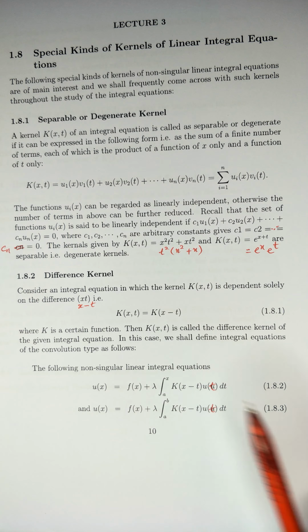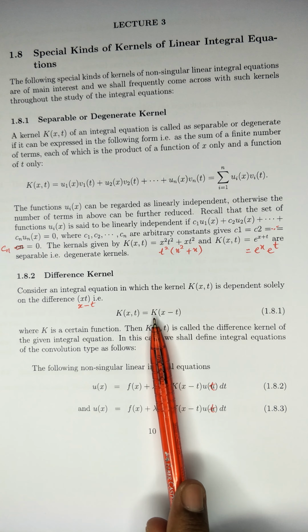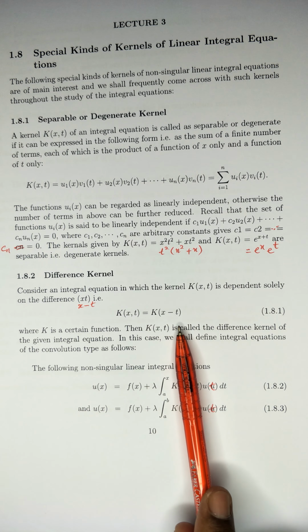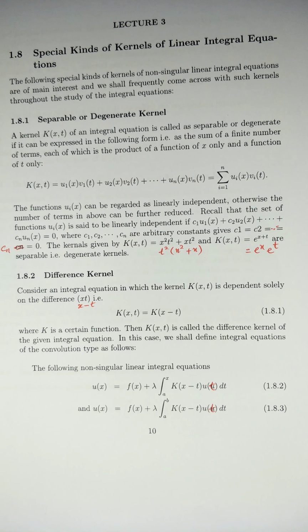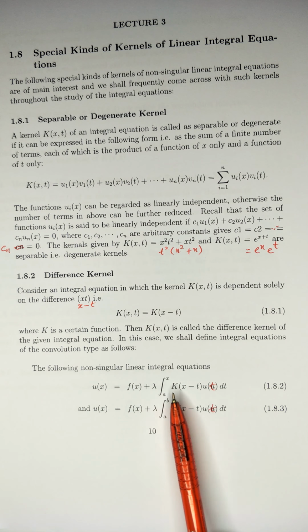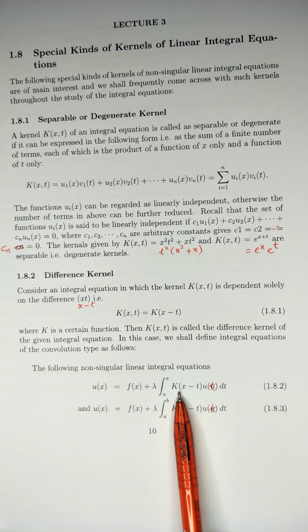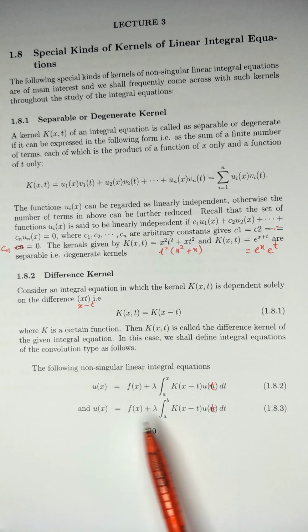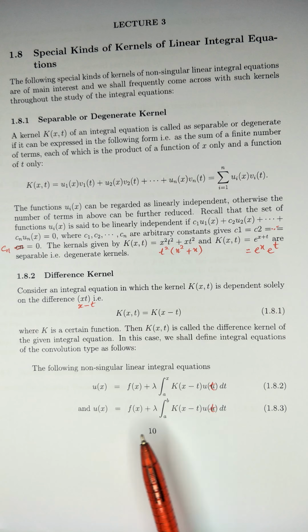In this case, we shall define integral equations of convolution type as follows. This kind of kernel usually occurs in convolution type integral equations. For example, this is for the Volterra integral equation: k(x minus t) u(t), this is t, not u, again a typing error there.